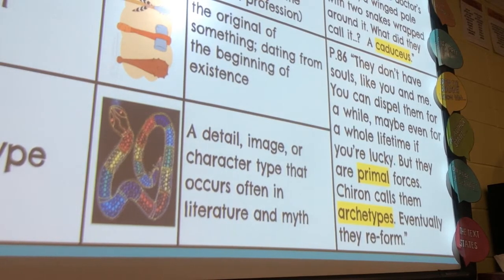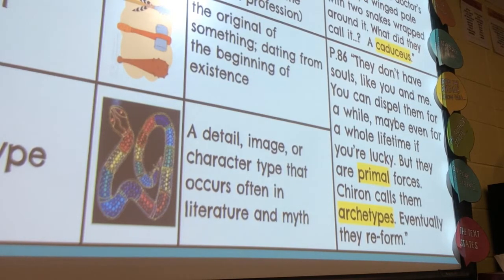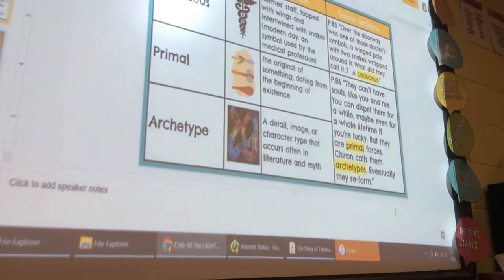So Chiron was describing the monsters and the kindly ones as primal archetypes, meaning they are an element of mythology that existed from the beginning of time. And these are the vocabulary words that are from chapter 6. You're going to have to know these by when? Friday. By Friday, because that's when your quiz on this is. Okay, so that goes with that.